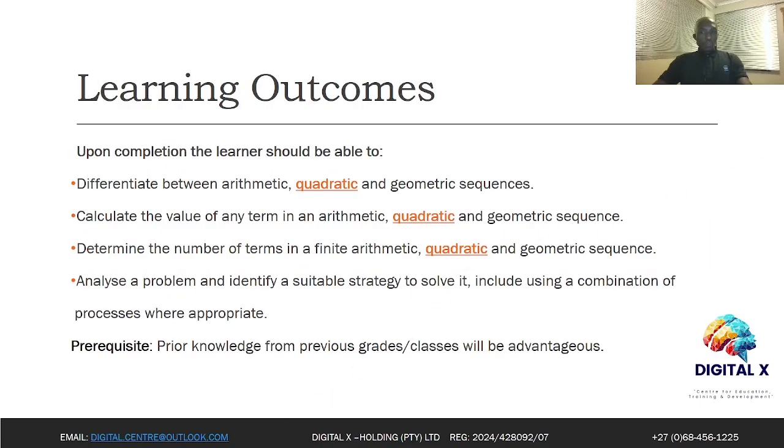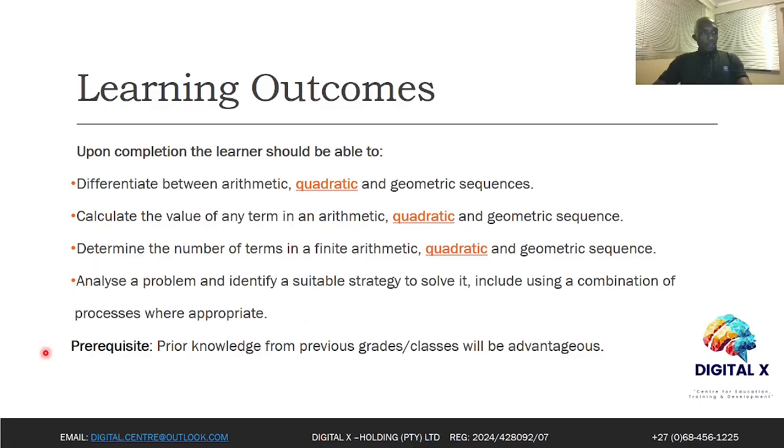And just to give you an overview of today's lesson, here are the learning outcomes, which go as follows: upon completion, learners should be able to differentiate between an arithmetic, quadratic, and geometric sequence, although in today's video we'll be focusing specifically on quadratic sequences and patterns; to calculate the value of any term in a quadratic sequence; thirdly, to determine the number of terms in a finite quadratic sequence; and lastly, to analyze any problem and identify a suitable strategy to solve it, including using a combination of processes where appropriate.